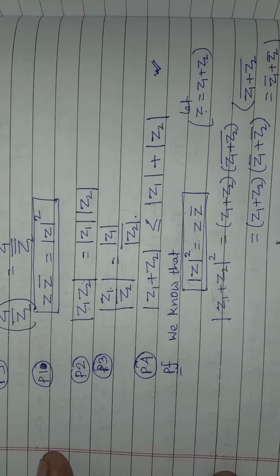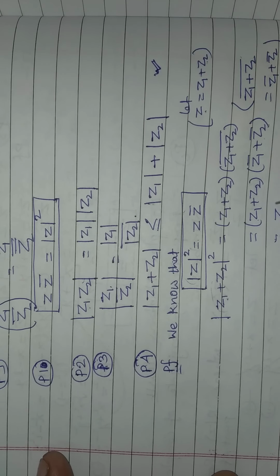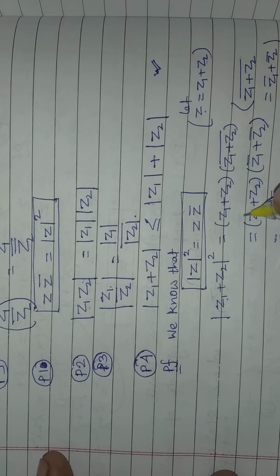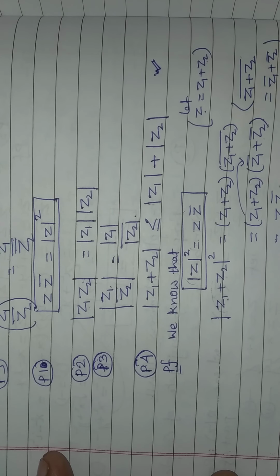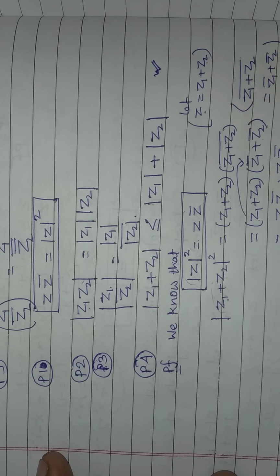Now we will just multiply. Z1 Z1 bar, this is multiplied with this. Now Z1 Z2 bar.